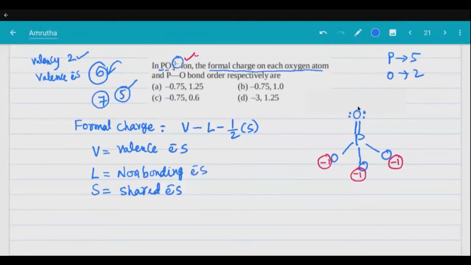The top oxygen charge is 0. It is very clear because all the valences are satisfied. Now what I'll do is take the total charge, because all are oxygens, right? Total charge divided by the number of oxygens, the number of atoms which are sharing.